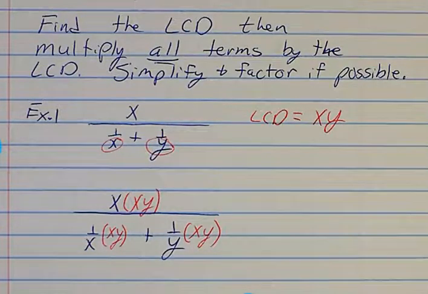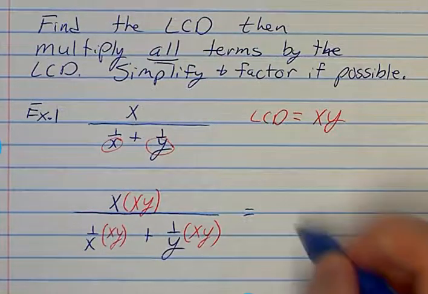We're going to multiply all 3 terms by x times y. And what should happen is that you go from having a fraction inside a fraction to just a numerator and a denominator left over. You won't have this double fraction thing going on here.